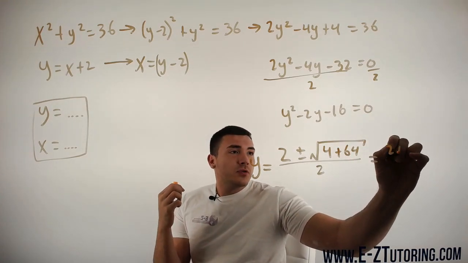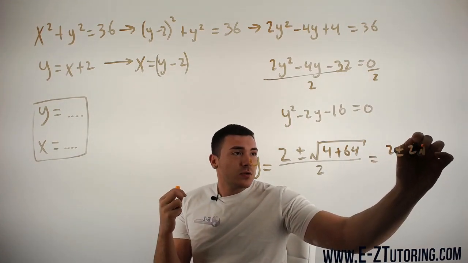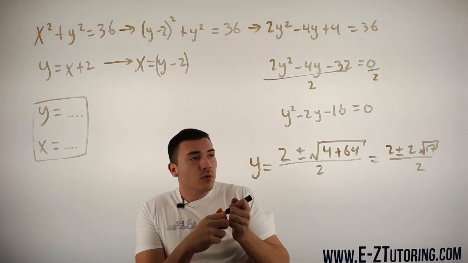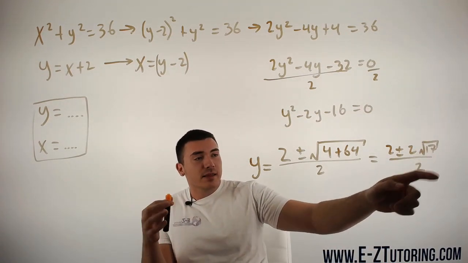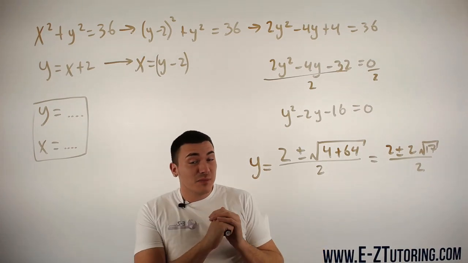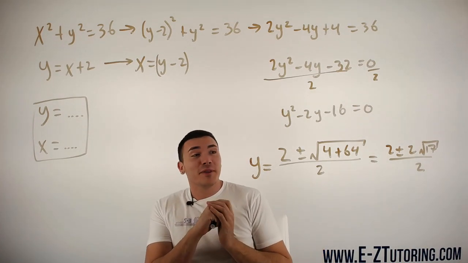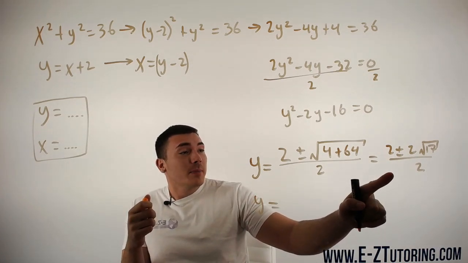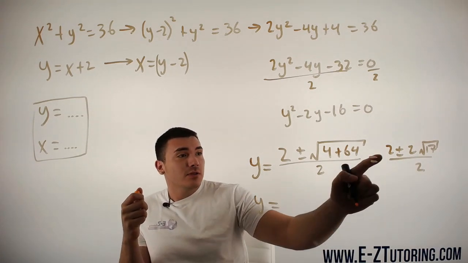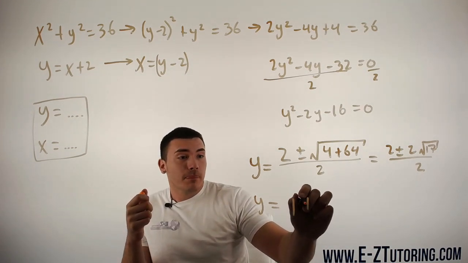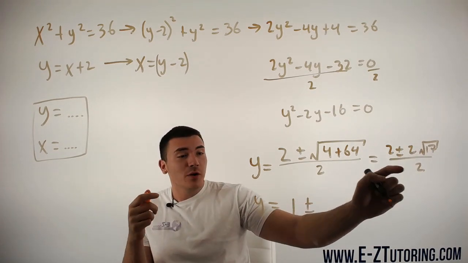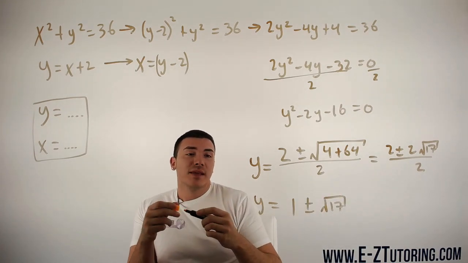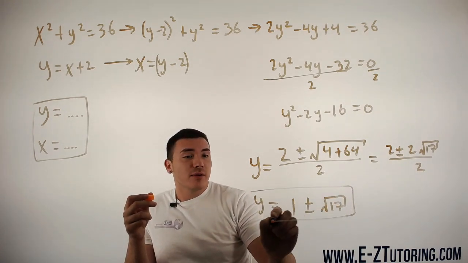So we'll have 2 plus or minus 2 square root 17 over 2. I won't go over how I got this. If you'd like to know how to simplify square roots, be sure to watch my video on that. So anyways, this will now split up into 2 different fractions, 2 over 2, which is 1, plus or minus 2 square root 17 over 2, which is just square root 17. So these are our 2 values for y.